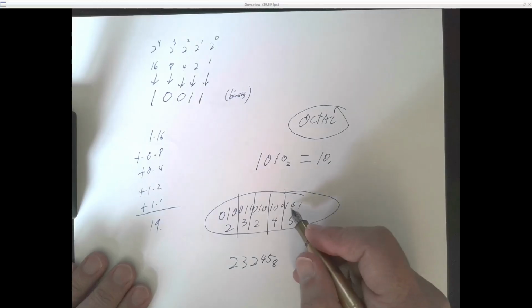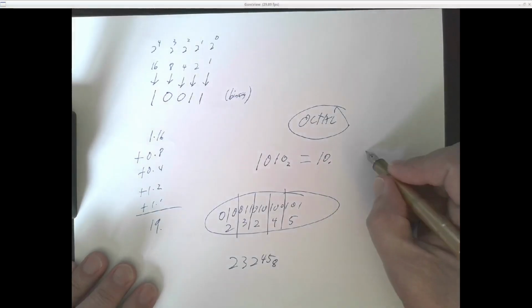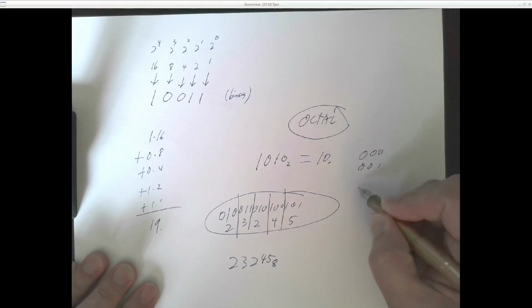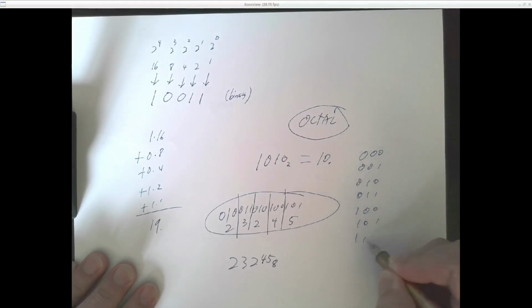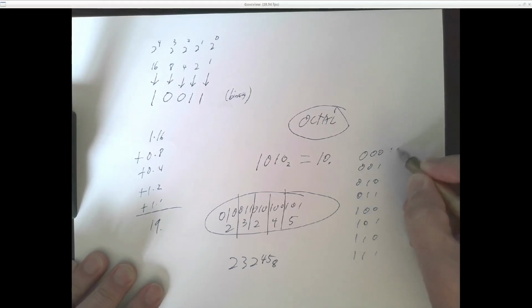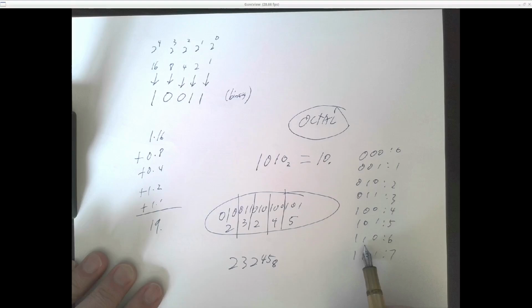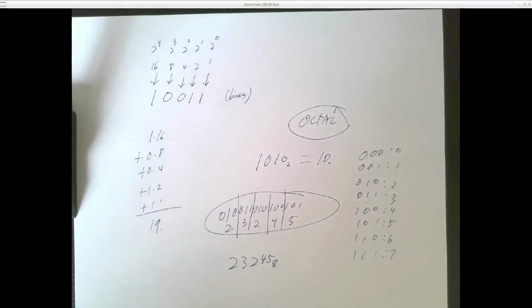And the mapping from each group of 3 digits to an octal digit is pretty straightforward. And you can check this by adding up the powers of 2. For example, 4 plus 2 is equal to 6. 4 plus 2 plus 1 is equal to 7. 4 plus 1 is equal to 5, and so on.